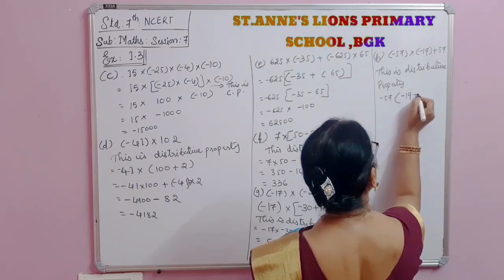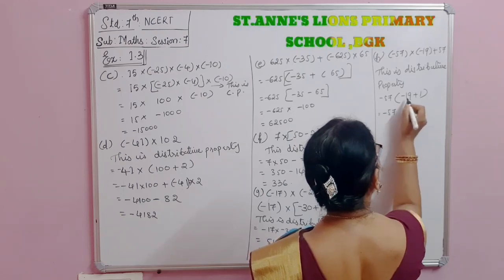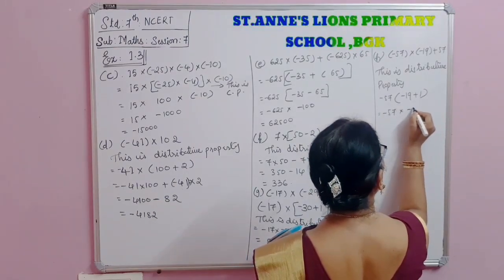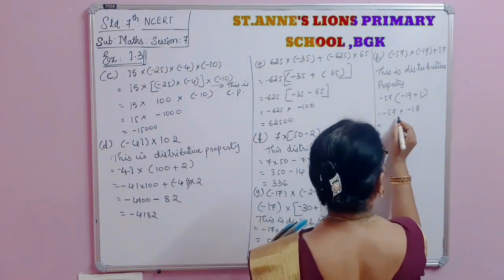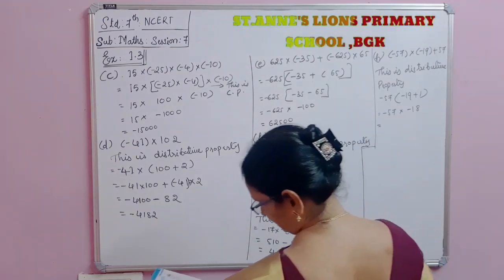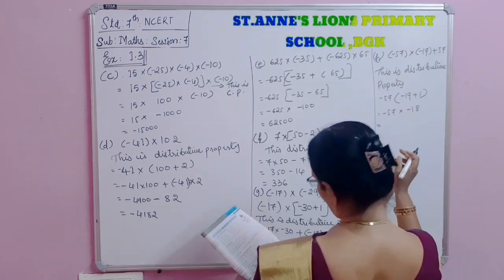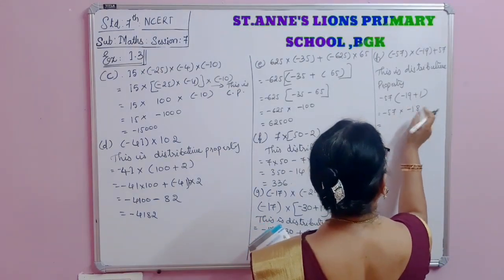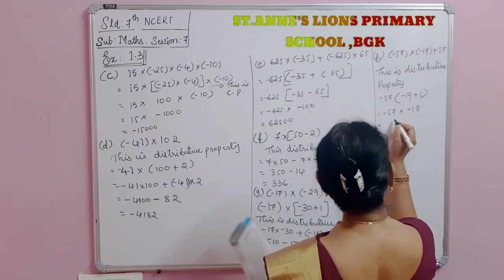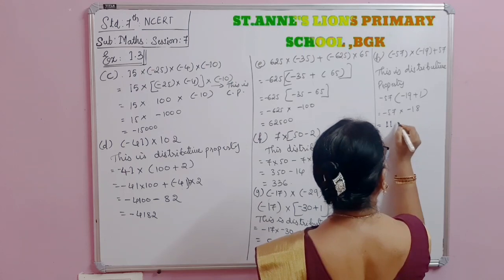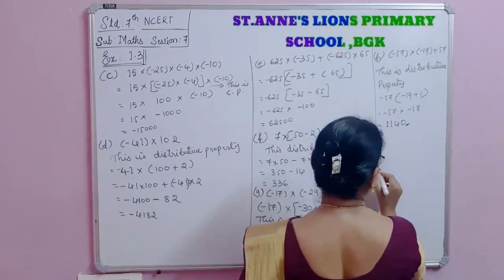So minus 19 plus 1. So this is equal to minus 57 into minus 18. So the answer is 1,140. 1,140 is the answer.